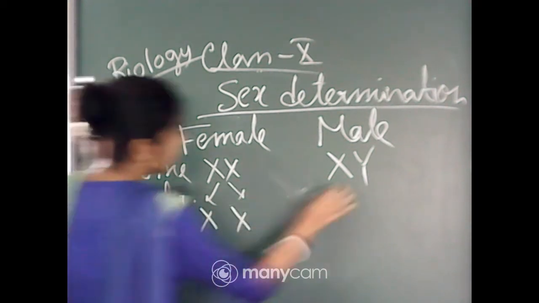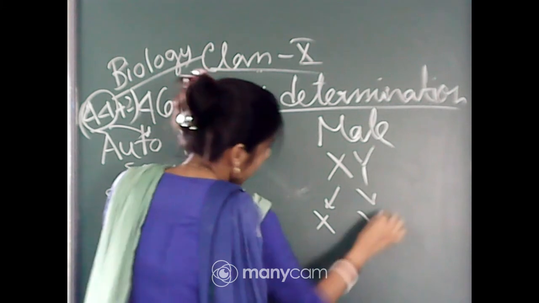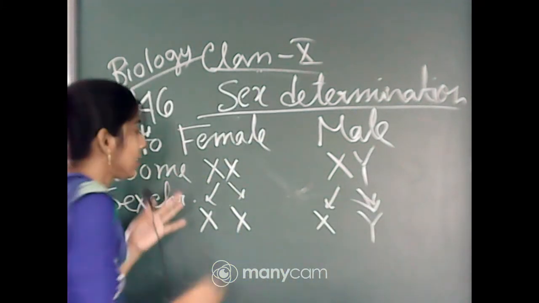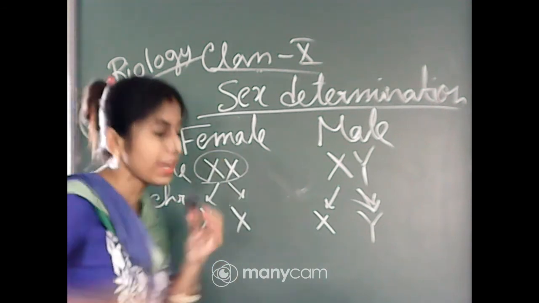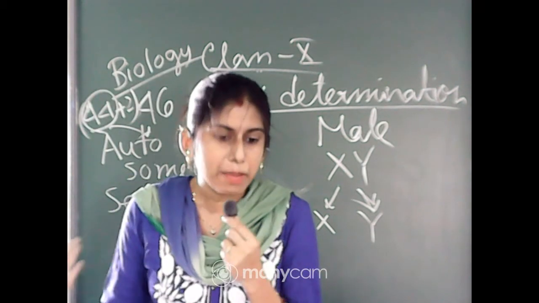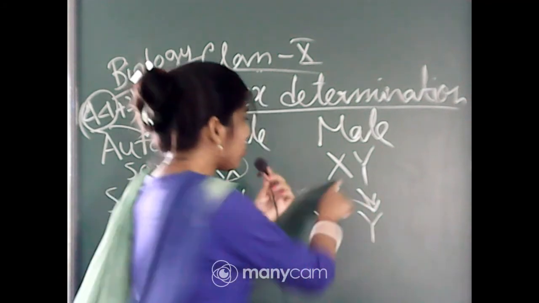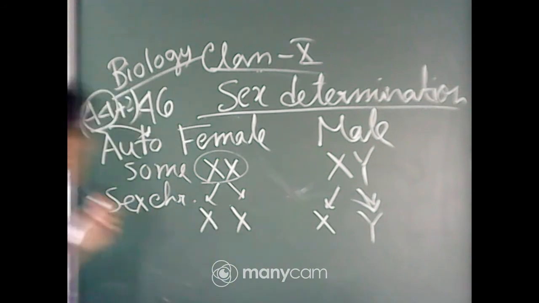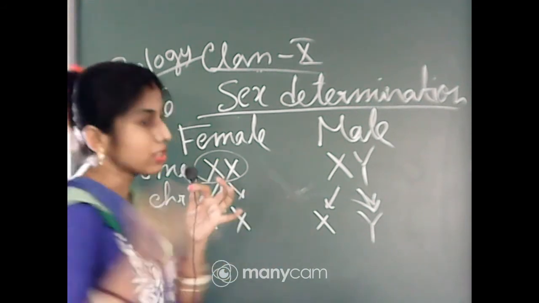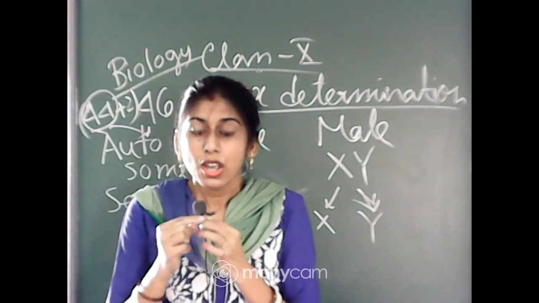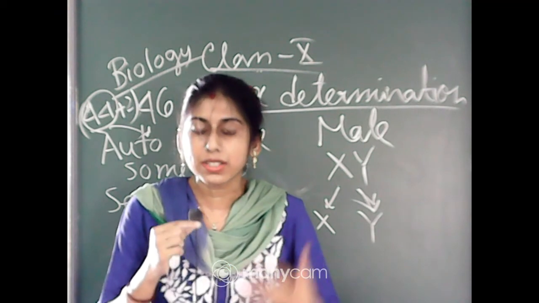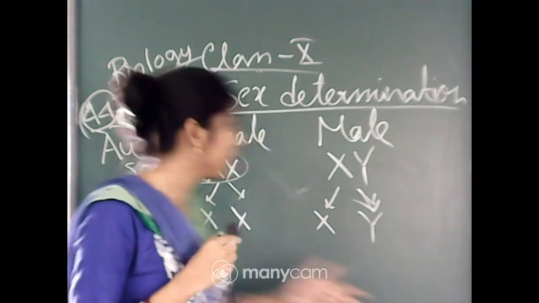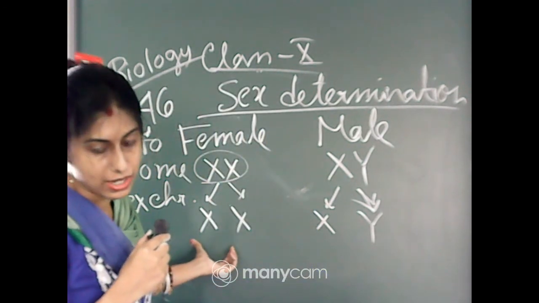Since XX are the same, it is called homogamety, and as XY are two different, it is called heterogamety. So for the determination of the sex of the child, females have no choice as they have both X's.